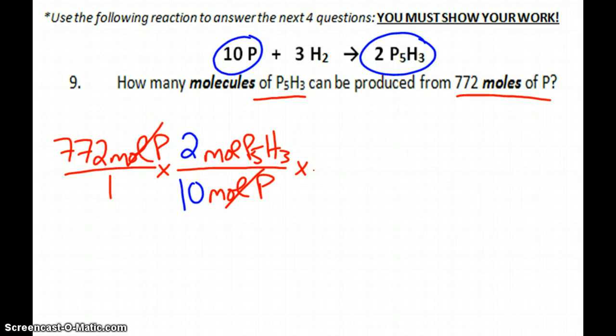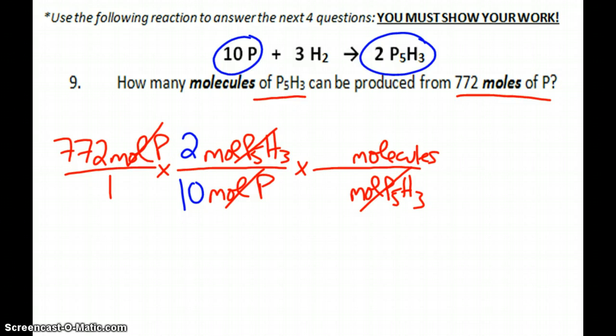And now I just have to finish with my old known fact. I need moles of P5H3 down here because I need to change that into molecules. And of course, 1 mole is always going to be 6.02 times 10 to the 23rd molecules.